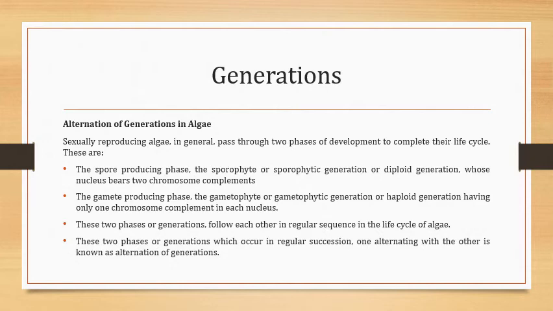In spore producing phase, also known as sporophyte or sporophytic generation or diploid generation, whose nucleus bears two chromosome complements, and in gamete producing phase or gametophyte or gametophytic generation, the haploid generation having only one chromosome complement in each nucleus. These two phases of generation follow each other in regular sequence in the life cycle of algae, so this is known as the alternation of generation.